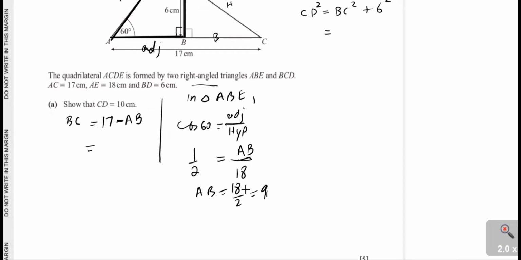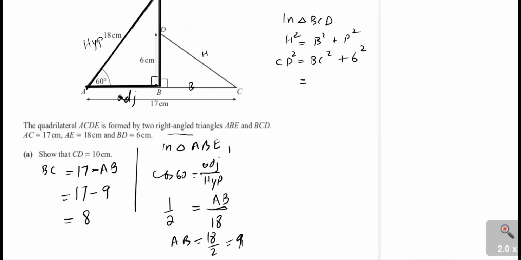Substitute the value of AB as 9. We will substitute this value here. Now 17 minus 9 becomes 8. Therefore, the length of BC is 8. We can calculate CD when we substitute this value of BC here.